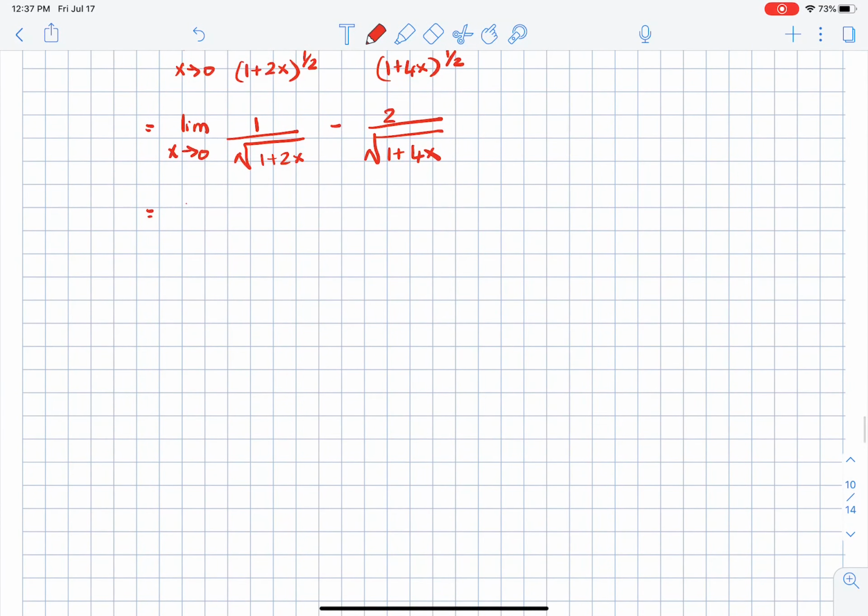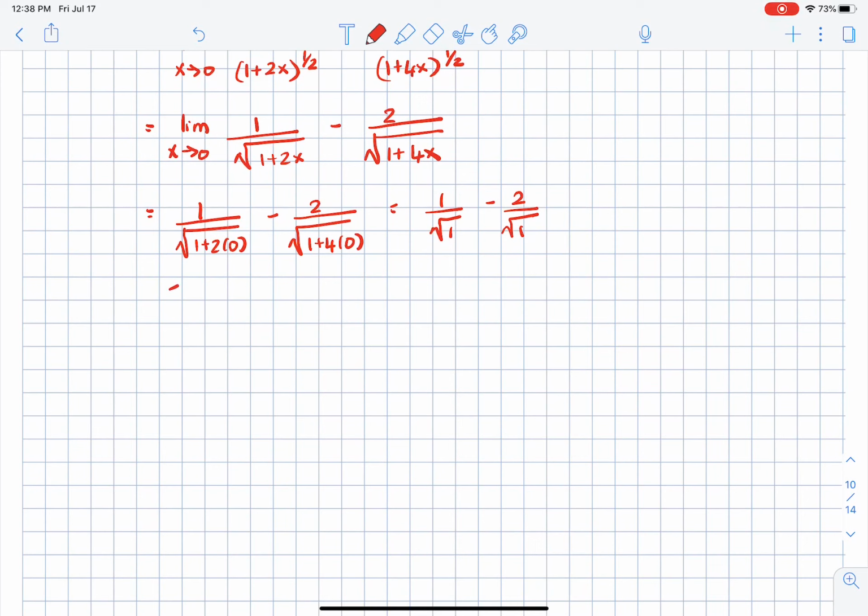So we can apply the limit now. We will have 1 over square root of 1 plus 2 times 0 minus 2 over square root of 1 plus 4 times 0, which would be 1 over square root of 1 minus 2 over square root of 1, because 2 times 0 is 0, 0 plus 1 is 1, 4 times 0 is 0, 0 plus 1 is 1.